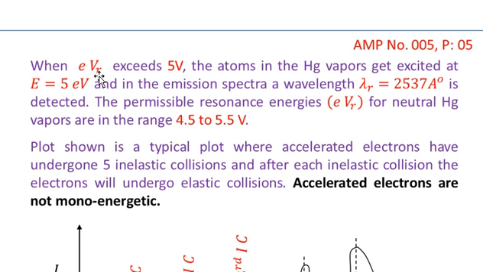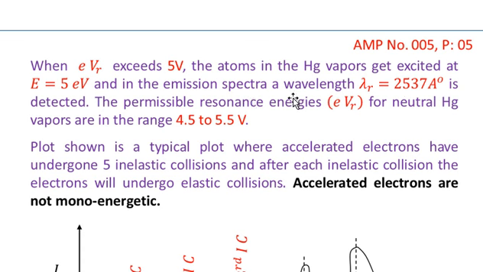So when EVG, the grid voltage, exceeds 5 volt, the atoms in the mercury vapors get excited at a voltage which is exactly 4.87 electron volt. Please also make a correction over here: this is not 5 electron volt, but 4.87 electron volt, which was reported by the Franck and Hertz experiment.